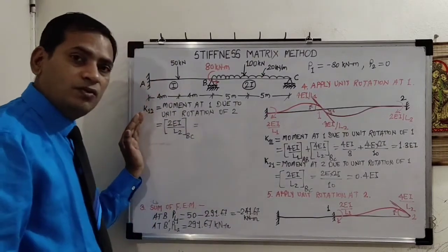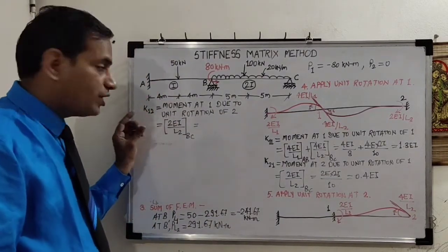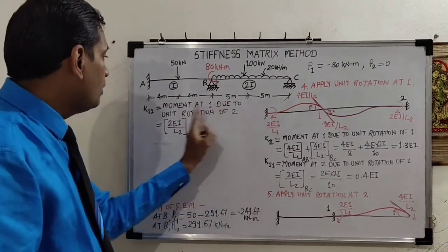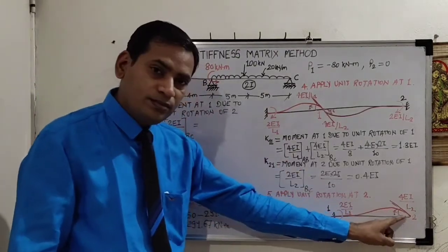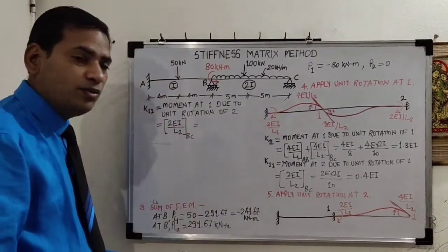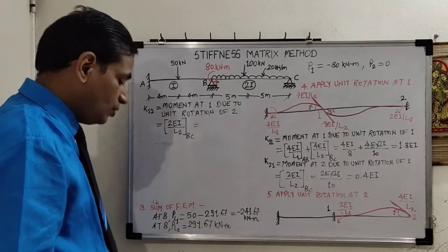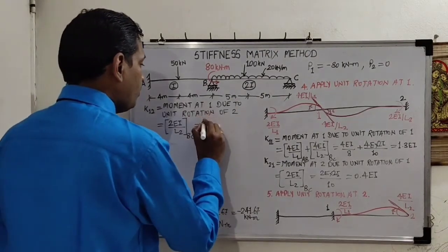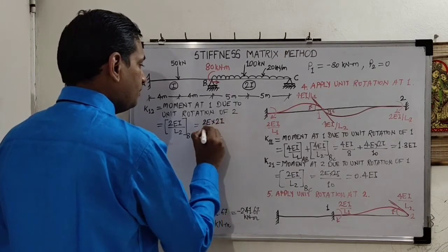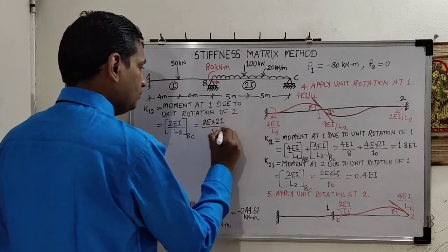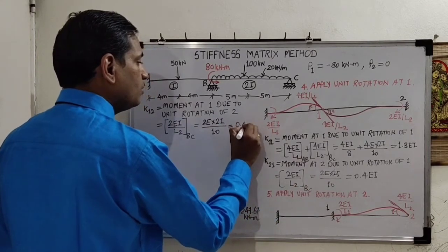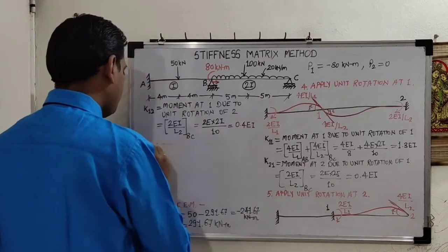So one of the stiffness matrix elements is K12, which is moment at 1 due to unit rotation of 2. So what is the reactive moment here? 2EI by L2, which is for span BC. So substitute appropriate values here, 2E into 2I upon 10. So it has to be equal to K21, so 0.4 EI. So we are getting a cross check here.